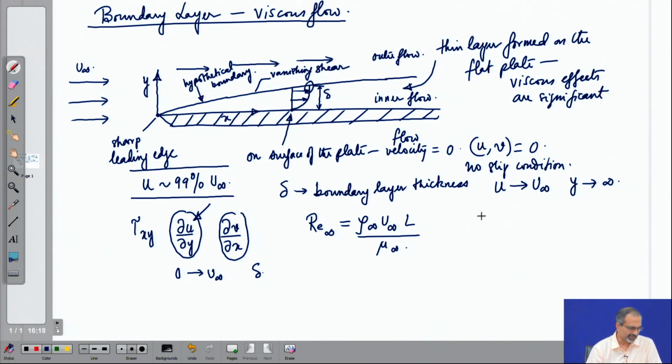And we state that, first of all, the boundary layer thickness is much smaller than the characteristic length scale, which could be the length of the plate, and on the other side that the Reynolds number is very, very large. So, when we look at 1 by Reynolds number, that is a small quantity. Remember that this is a quantity which is associated with the viscous stresses in the Navier-Stokes equations.